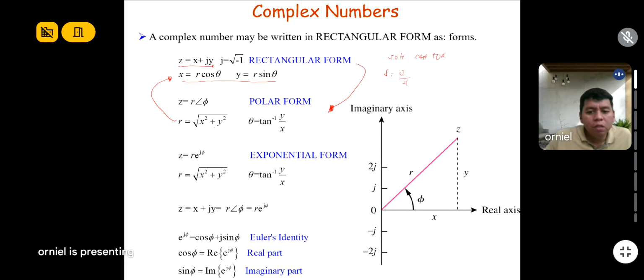Basically, this is the picture, by using SOHCAHTOA. We have the opposite, which is y, over r, the hypotenuse. So by getting the value of y, we have r sine theta.